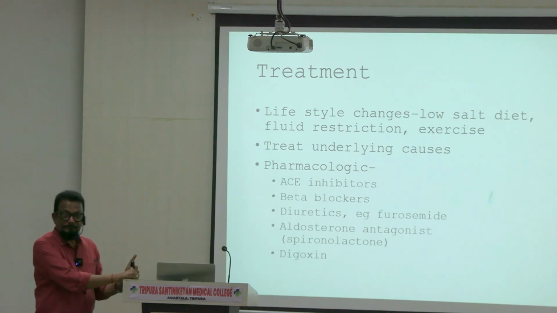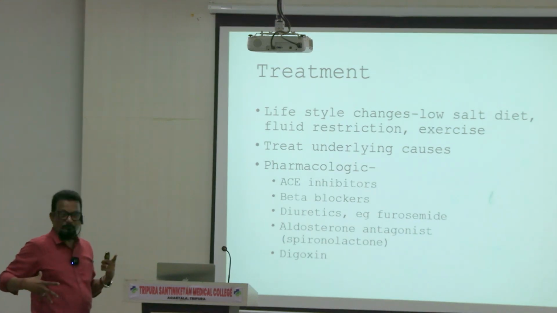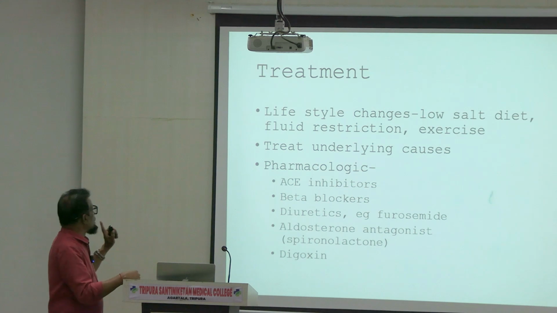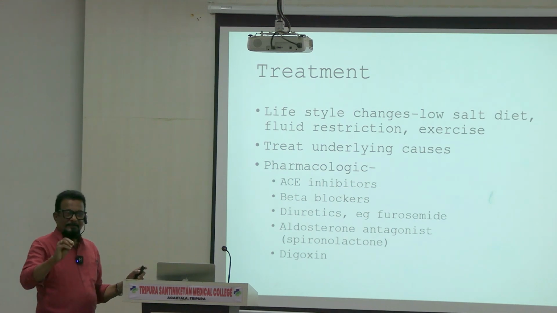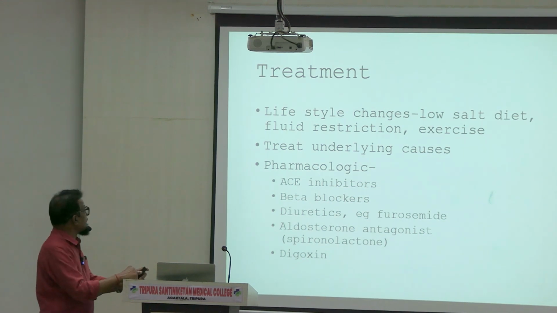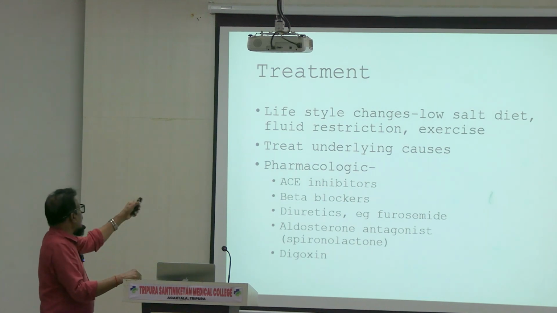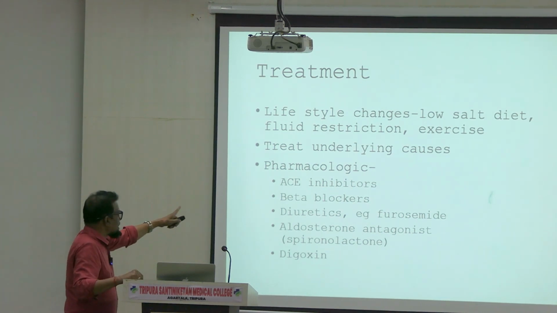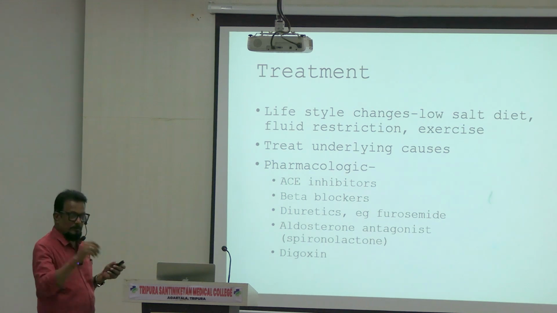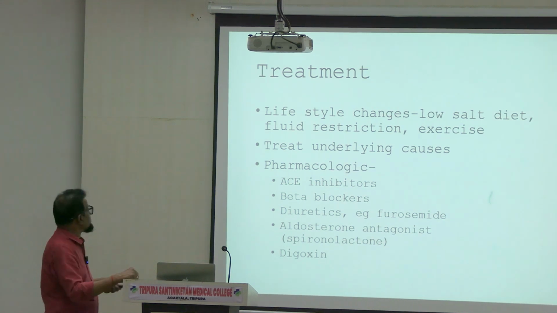Fluid restriction. There is already a lot of fluid in the body, so there should be fluid restriction, and low grade exercise should be there. Treat the underlying causes. These are pharmacological treatments, so you are not concerned with this now.